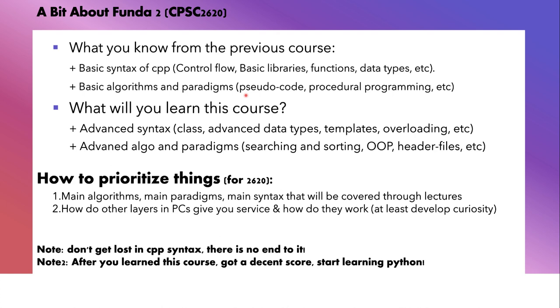Next we also have advanced algorithms and paradigms like searching and sorting. Searching and sorting are the most important subroutines in almost all the problems that we have in computer science, and they are very important. And next we have object-oriented programming. This is a paradigm.